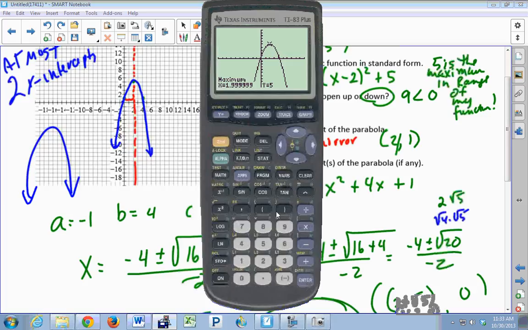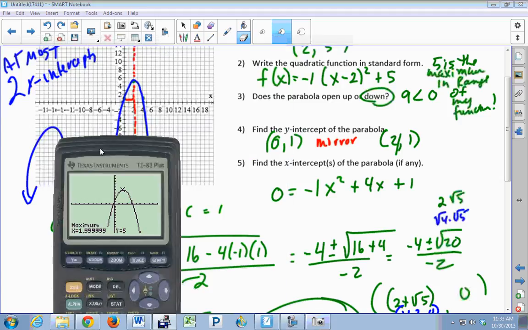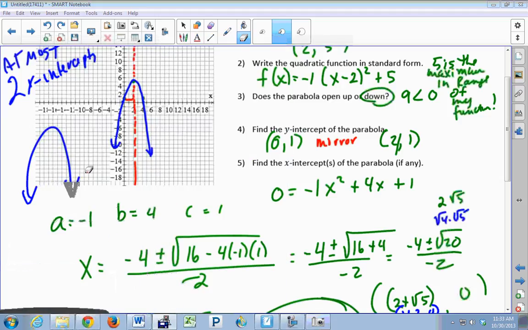Notice how it looks like a horizontal line right there? It's because the value it took to the left and right, and then it just connected those. It didn't take any intermediate value. So when you see something like that in your calculator, you call it 2, 5. Okay, so that's how you could use your calculator to get all of the information we just got.